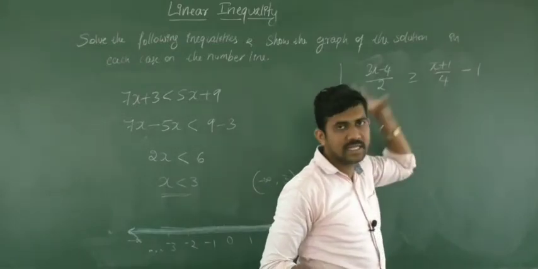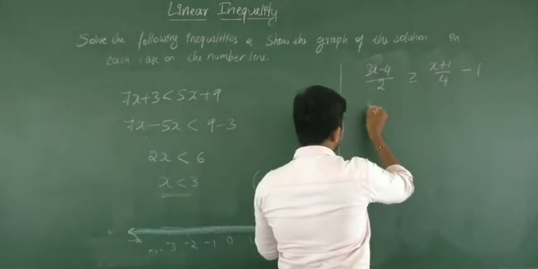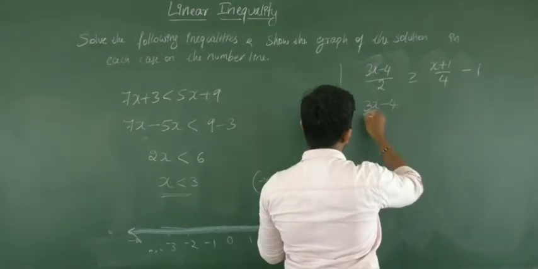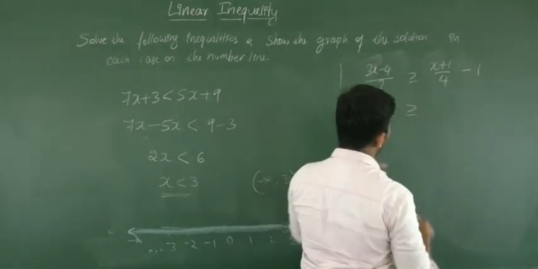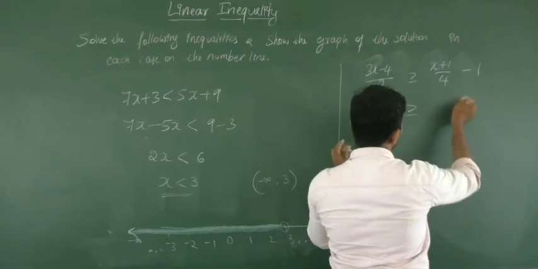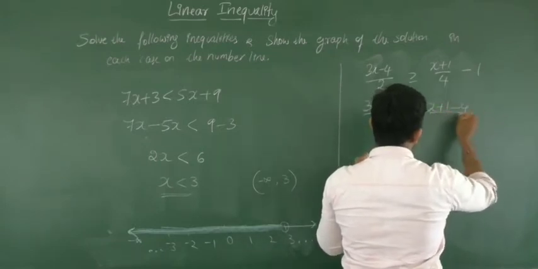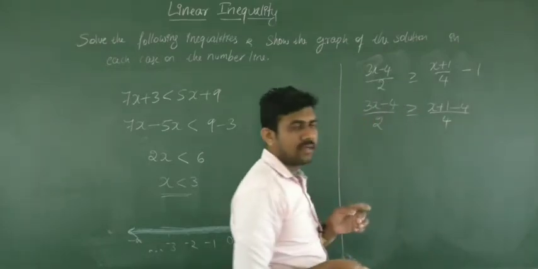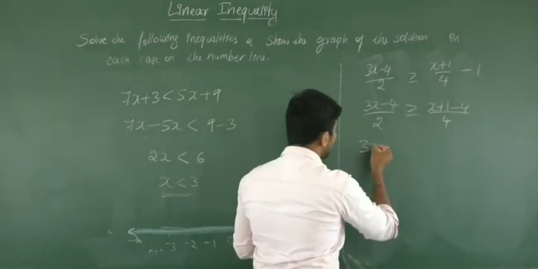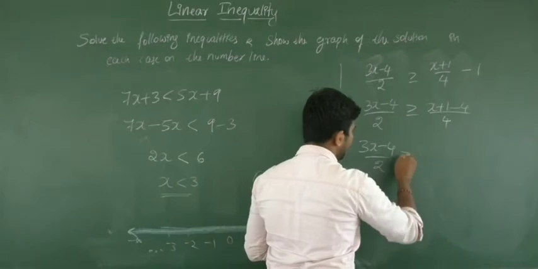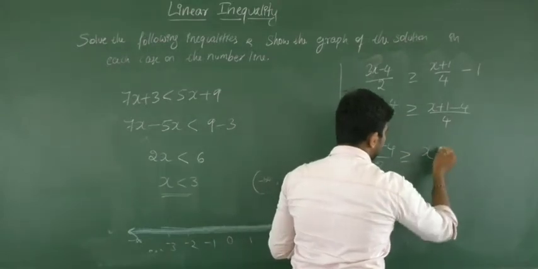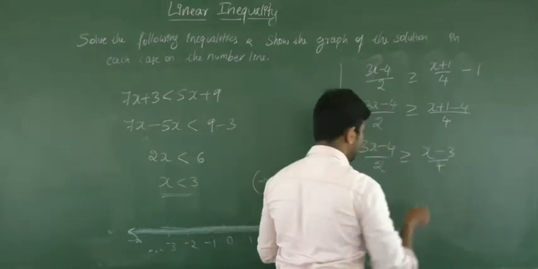First here take the LCM. So keep this as it is, (3x minus 4) divided by 2 greater than or equal to, take the LCM, what will we get here? 4 is the LCM, so (x plus 1 minus 4) divided by 4. Or we can write (3x minus 4) divided by 2 greater than or equal to (x minus 3) divided by 4.